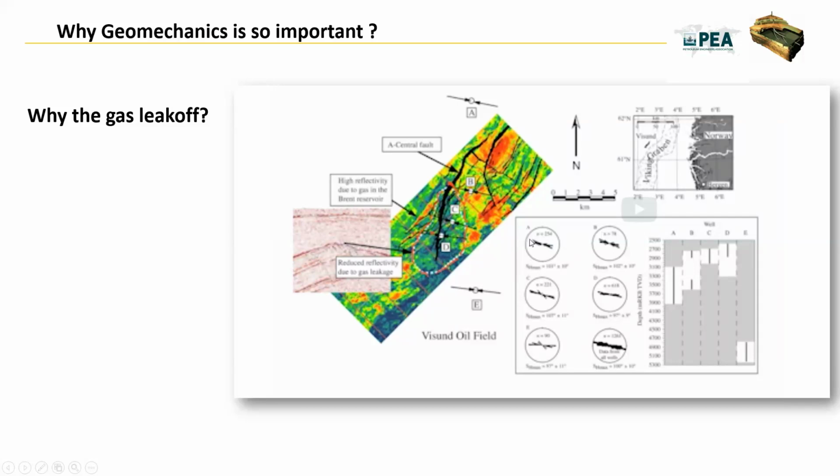This is the stress orientation of wells A, B, C, D, E. You can see the stress orientation of well A is in this direction, well B in that direction, and in well E we have an east-west orientation.